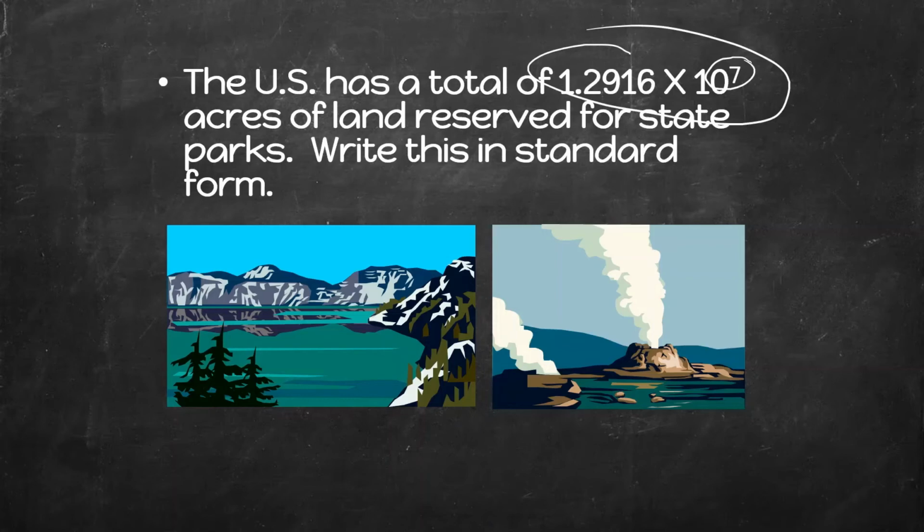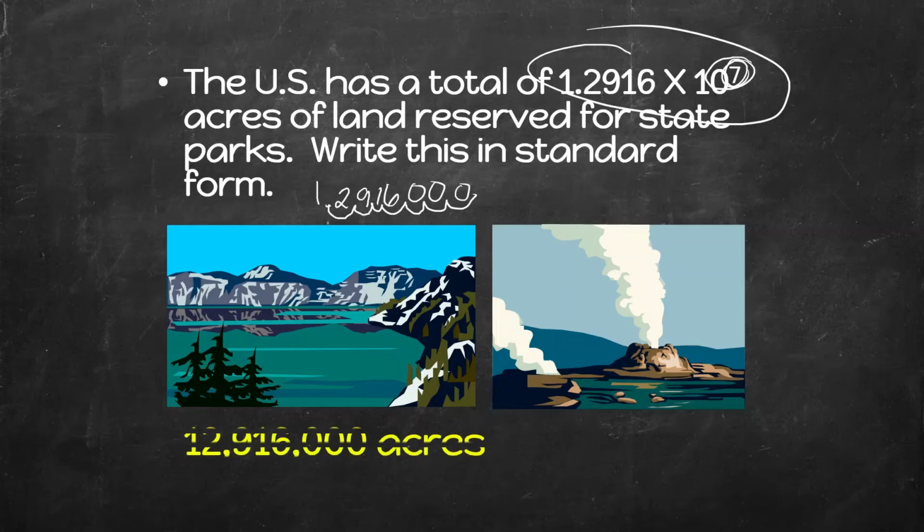So, we have 1.2916. And then, since 7 siya, we are going to move the decimal place 7 steps to the right. 1, 2, 3, 4, 5, 6, 7. And nilalagyan natin ng 0 yung mga walang number. So, we have 12,916,000 acres.